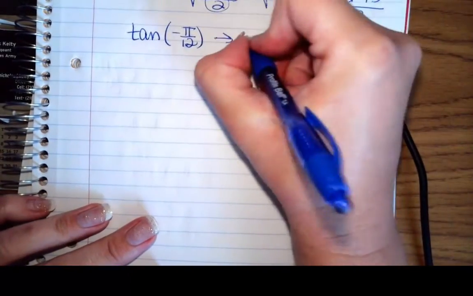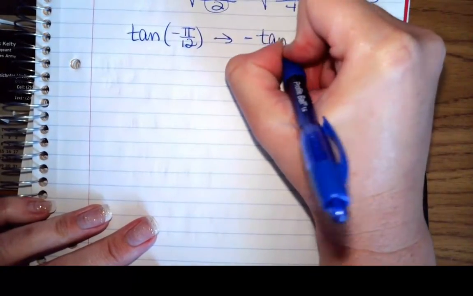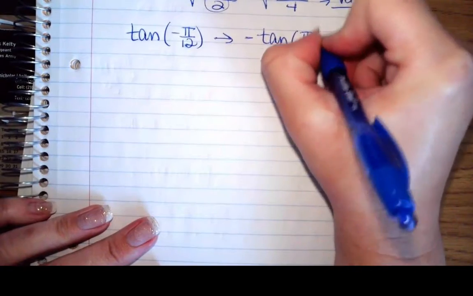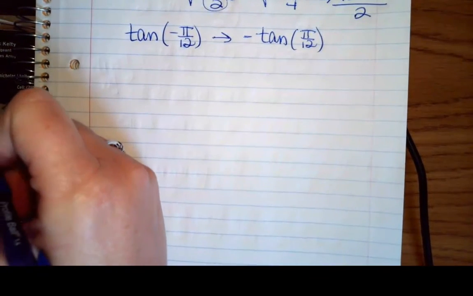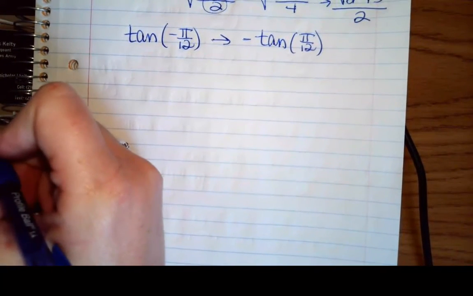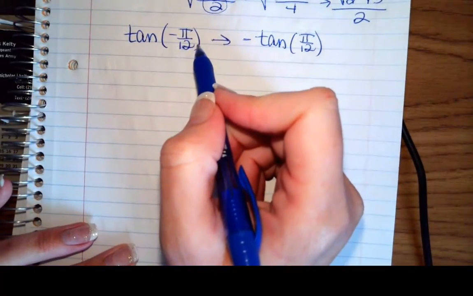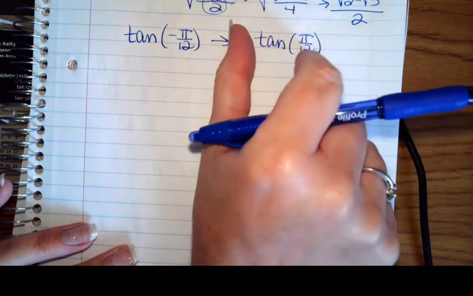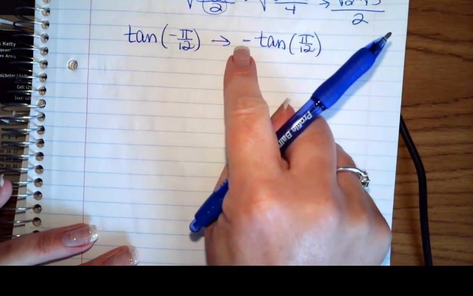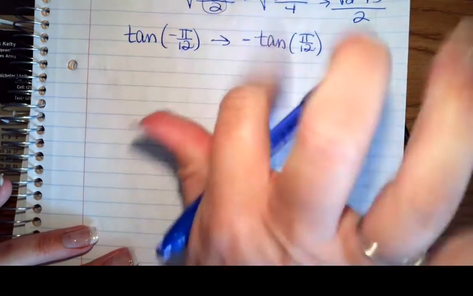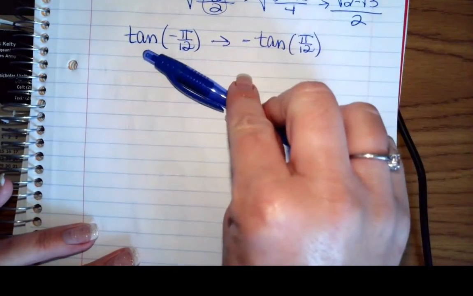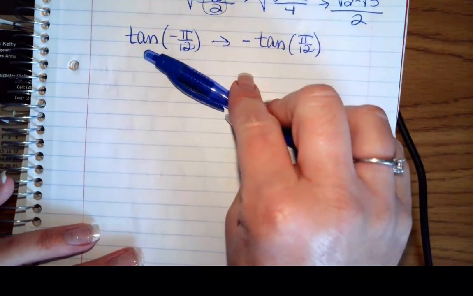So what I have is a negative tangent of a positive pi over 12. And I want to find a half angle formula for that. Okay, so first of all, which quadrant are you in? I am now in quadrant 1, but I'm going to change the sign. This said I would have dropped down into quadrant 4, where tangent would have been negative.